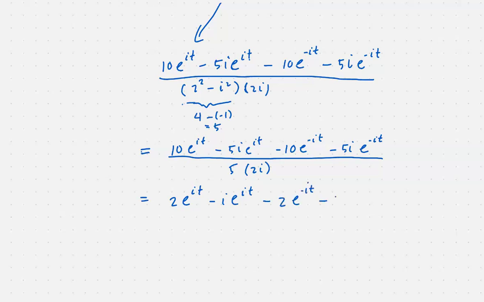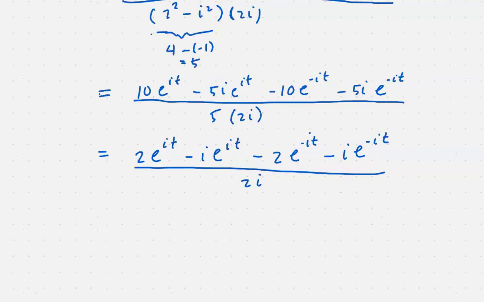Now, one thing that you might notice is in the numerator, you have everything as e raised to it, or also e raised to negative it. In this case, you can combine all the terms with imaginary I as a coefficient, okay? So let's see, what do we have here?